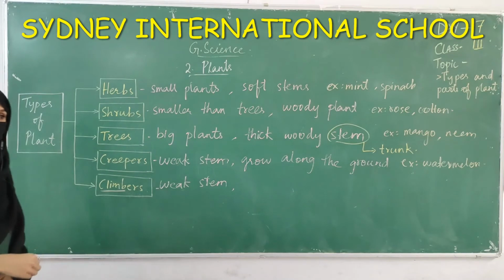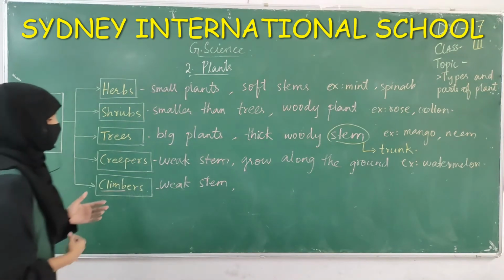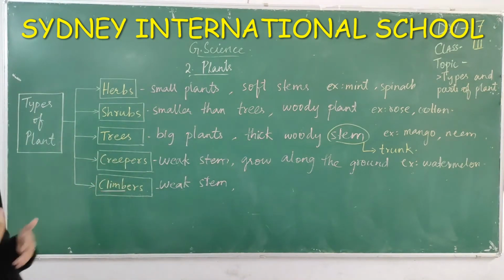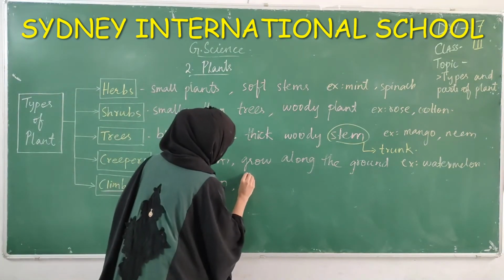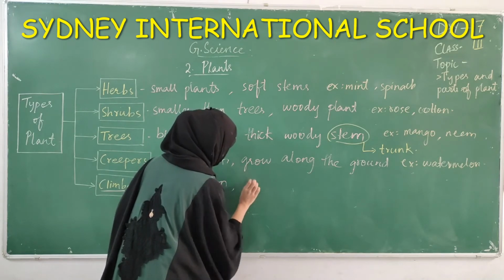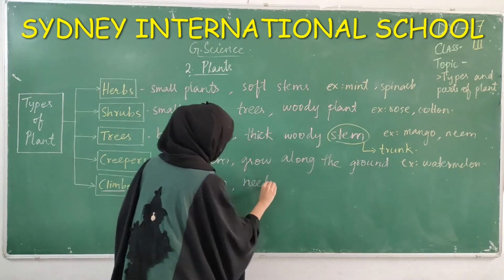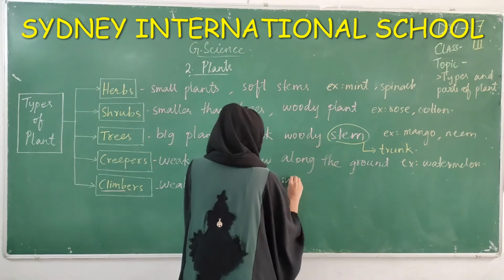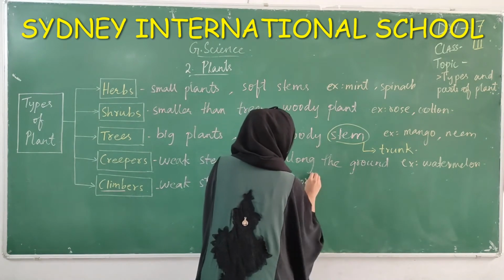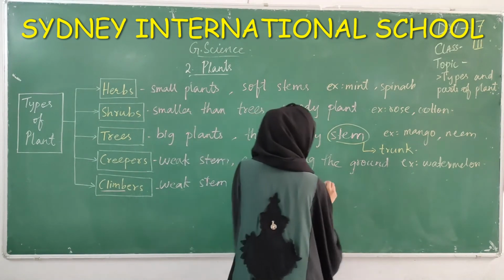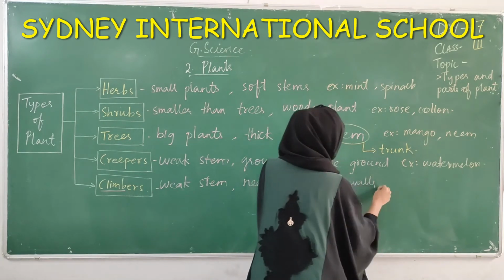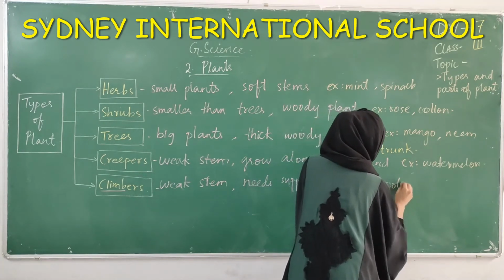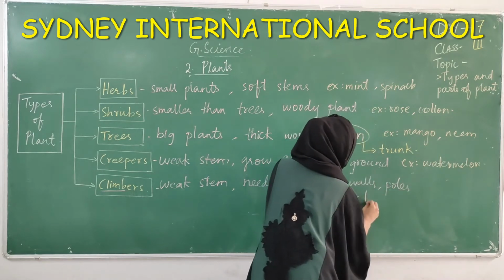And how do they grow? Where do they grow? They grow with the help of the support of a wall or a pole or a tree. So we'll write here needs support of walls, poles, or trees.